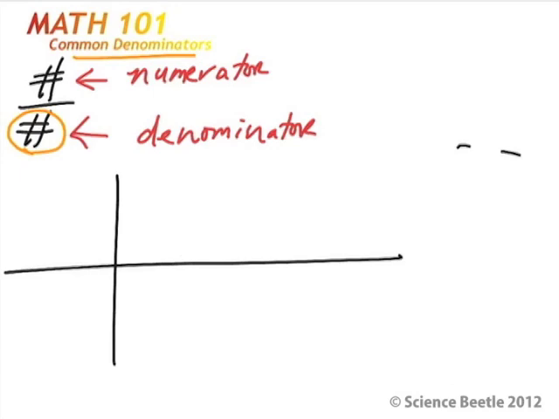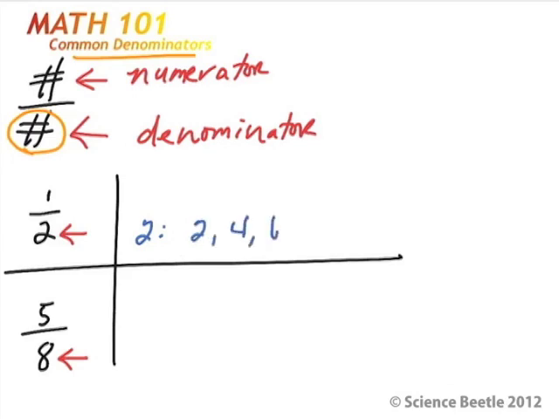So let's say we have another pair of fractions: 1/2 and 5/8. What we're trying to do is figure out the common denominator. Let's identify the denominators: the denominator is the 2, and the denominator is the 8. The multiples of 2 are 2, 4, 6, 8, 10.